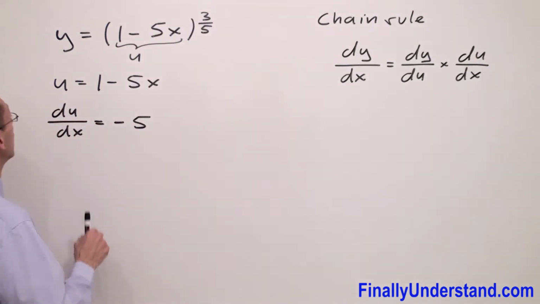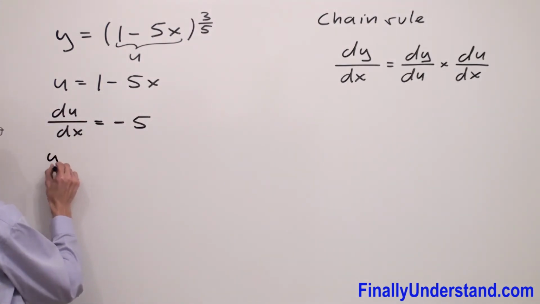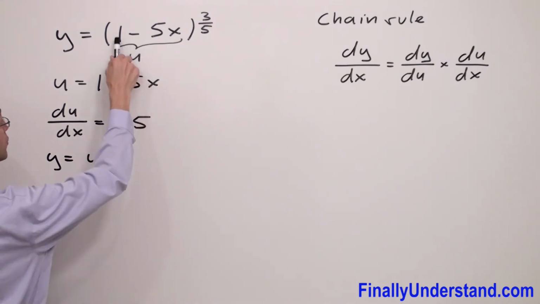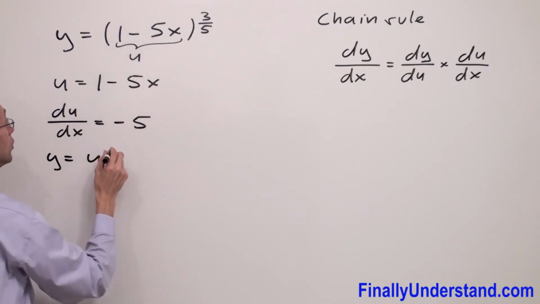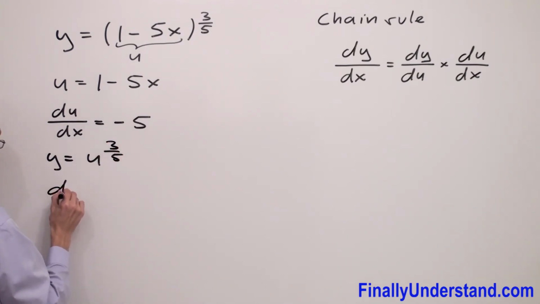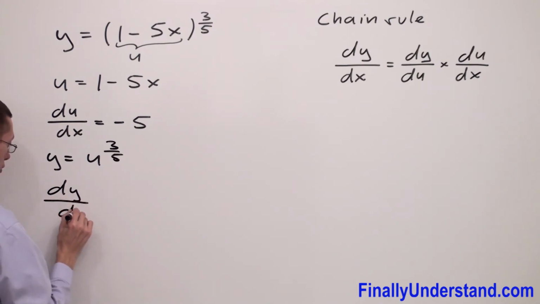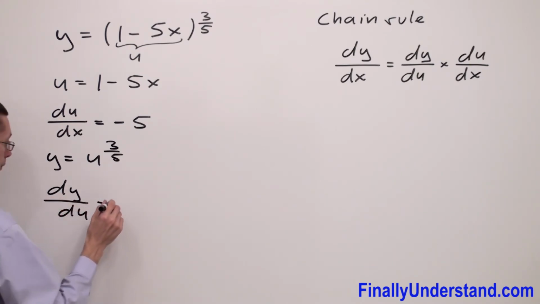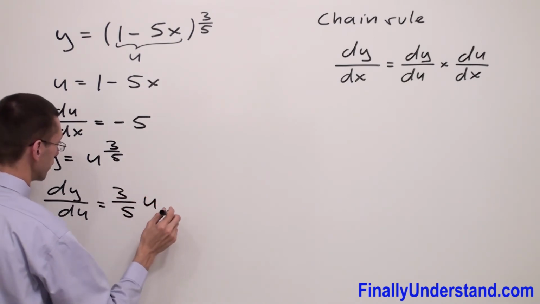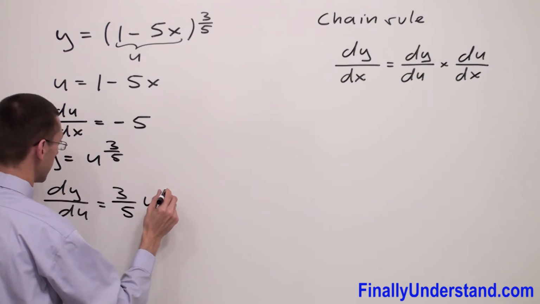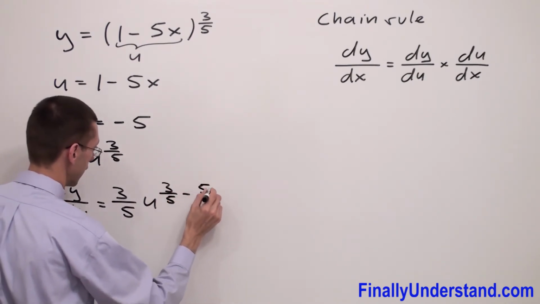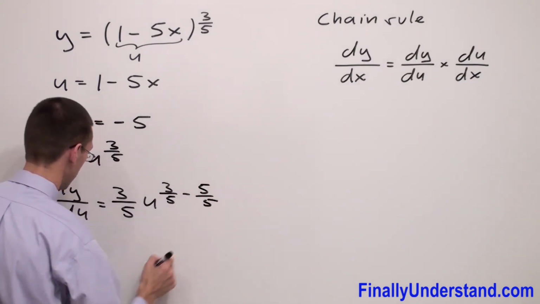So we can rewrite y equals u. Okay, instead of the parentheses, I'm going to write u to the power 3 over 5. So dy over du is equal 3/5 u, and I have 3 over 5 minus 5 over 5.